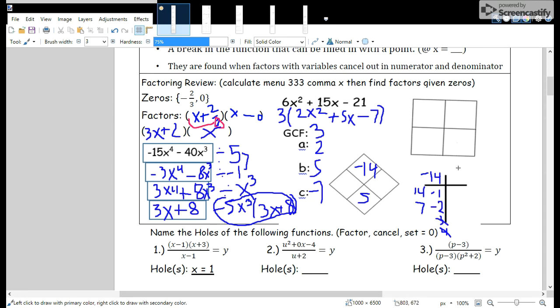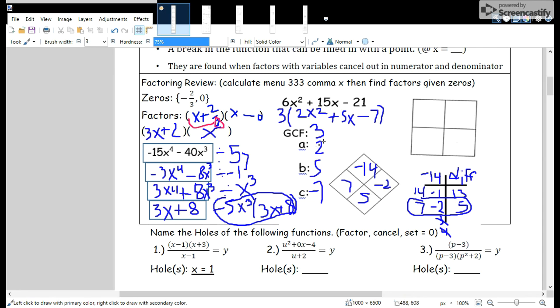And now we're going to find our differences right here. 14 minus 1 is 13, and 7 minus 2 is 5. We will use the second one because 5 is the b that we're looking for.